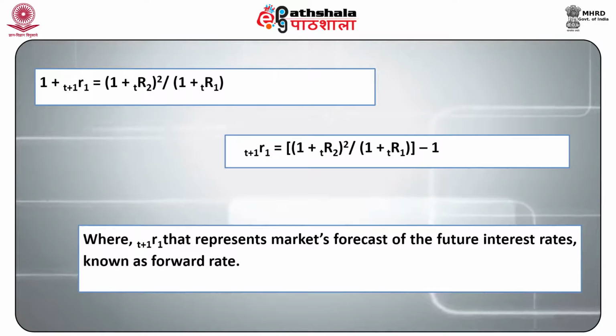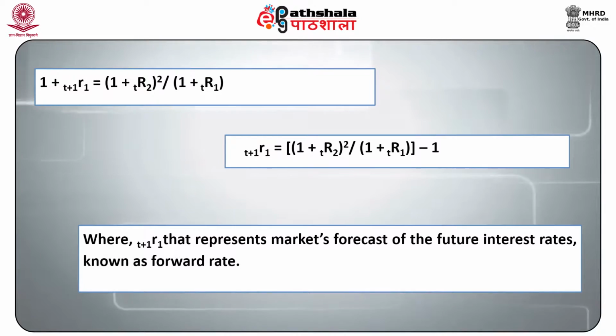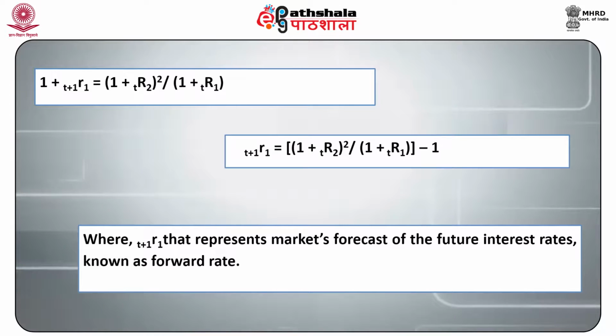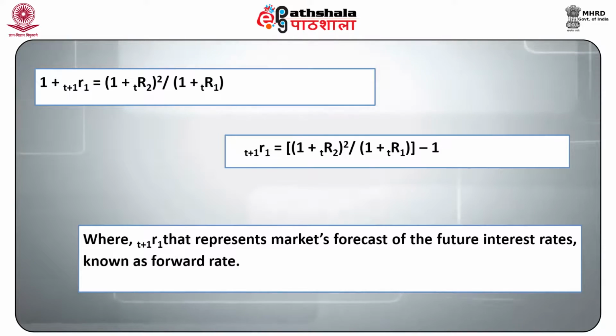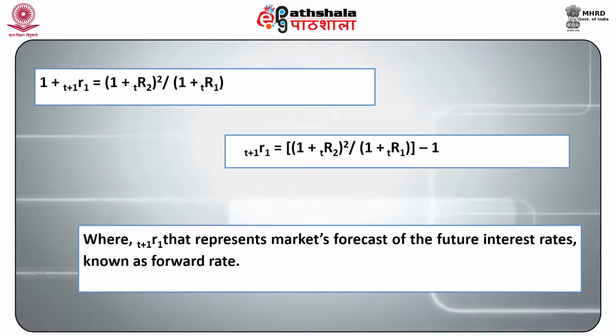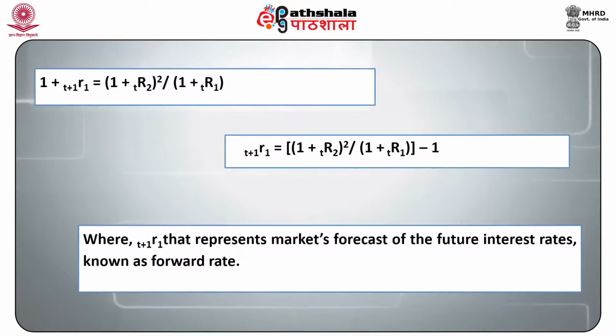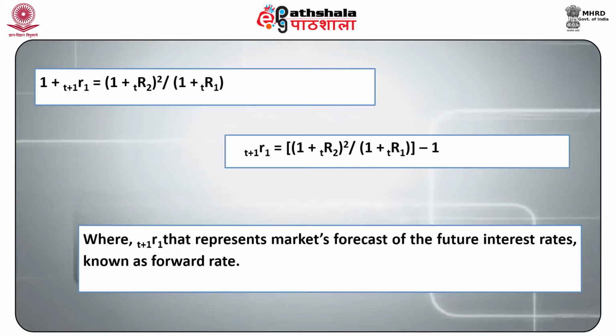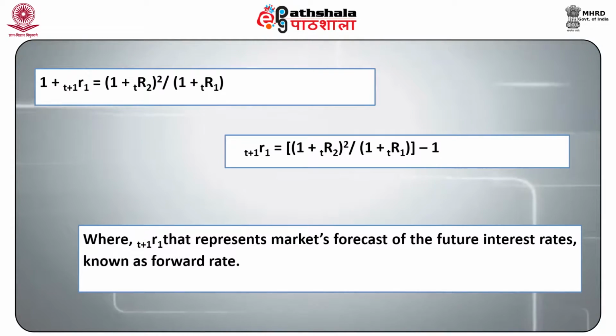Rearranging equation 1, we get 1 + t+1R1 = (1 + tR2)^2 / (1 + tR1), so t+1R1 = (1 + tR2)^2 / (1 + tR1) - 1, equation 2, where t+1R1 represents the market's forecast of the future interest rates, known as the forward rate.